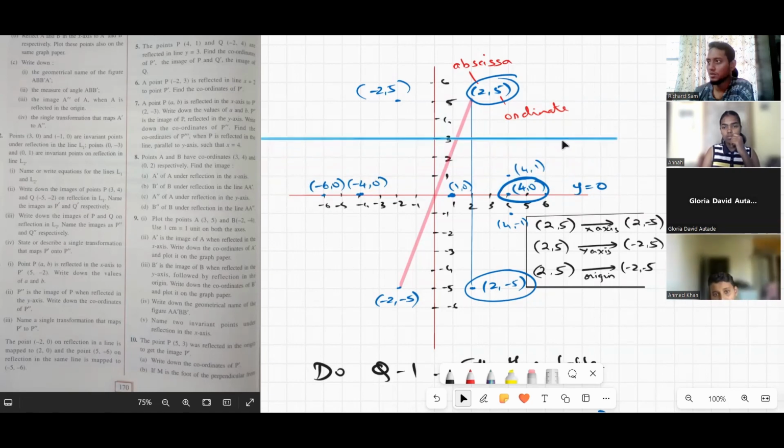You saw this? Now what do you call this line? Y is equal to 3. Correct? Now what if this point 2, 5 reflects on this line y is equal to 3? Where will its reflection be?